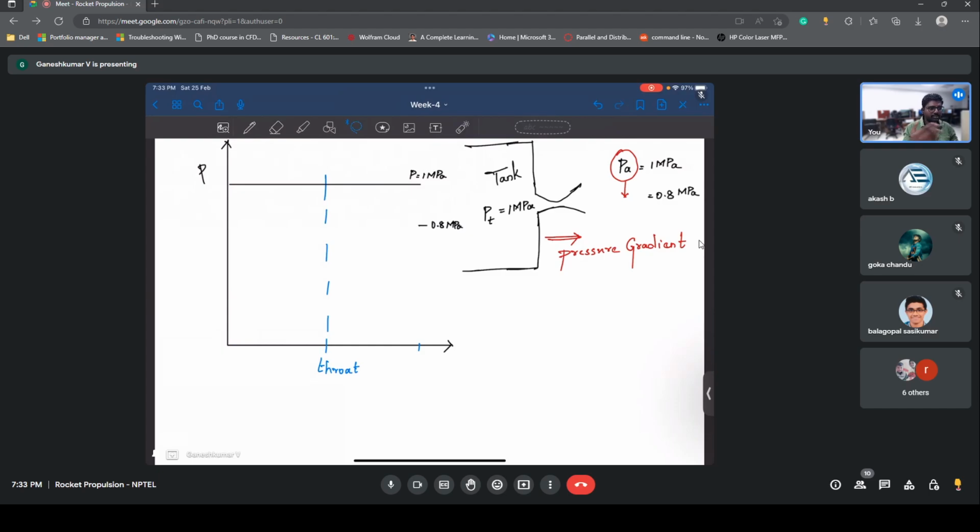Only then does the fluid know there is a pressure gradient and it has to flow out. So I have reduced it, and the pressure reduces like this, and then it goes like this. Here it is pressure, not velocity, please note that.